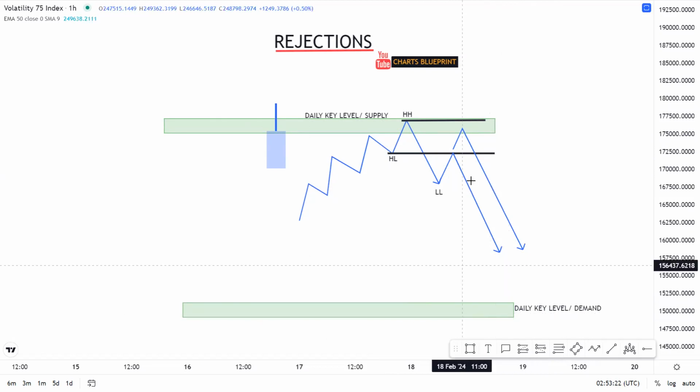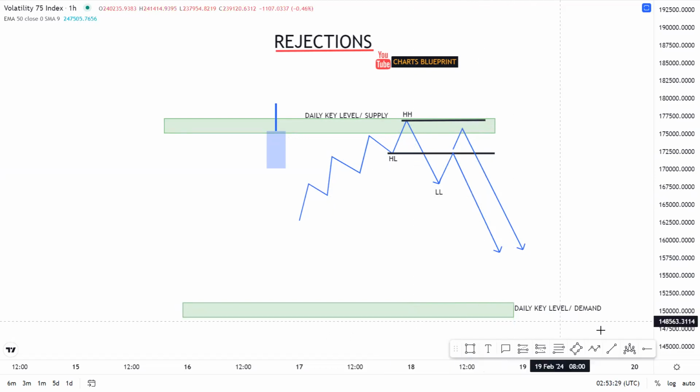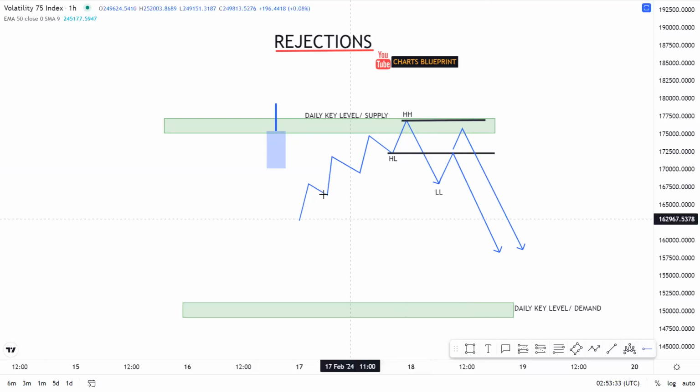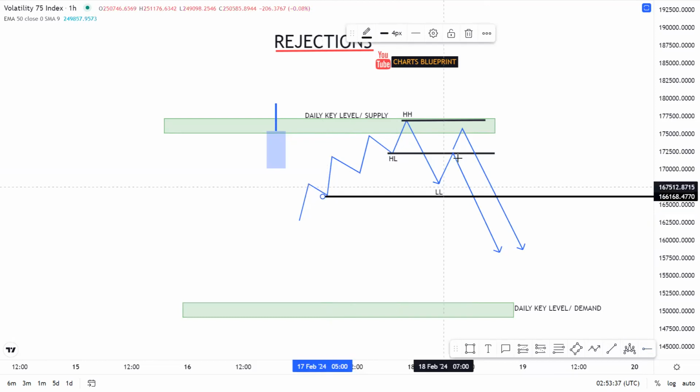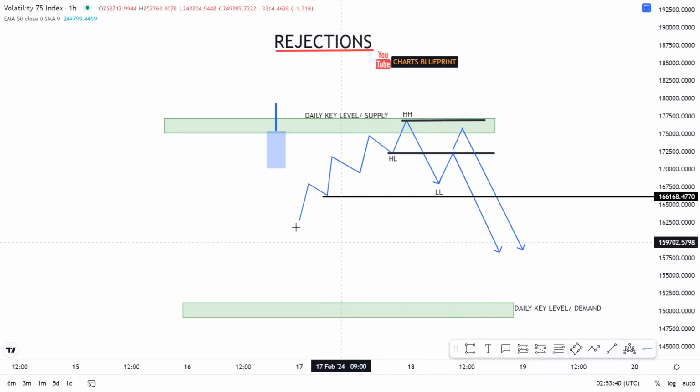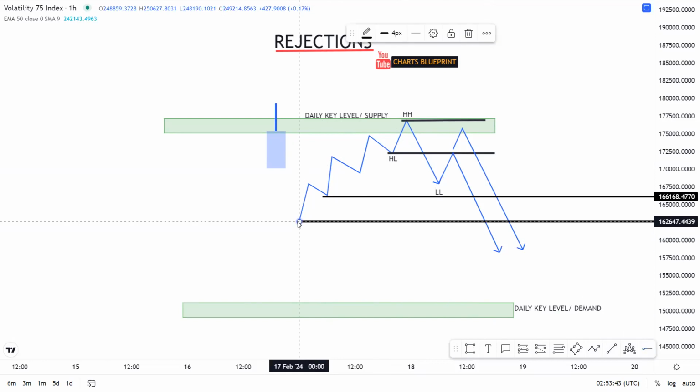But then, of course, because we are getting our entry from the hourly time frame, we would want to pay attention to the hourly time frame levels also as possible take profit targets, levels such as this on our way to the downside as possible level targets.